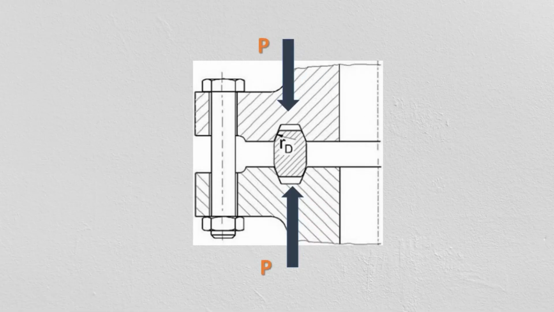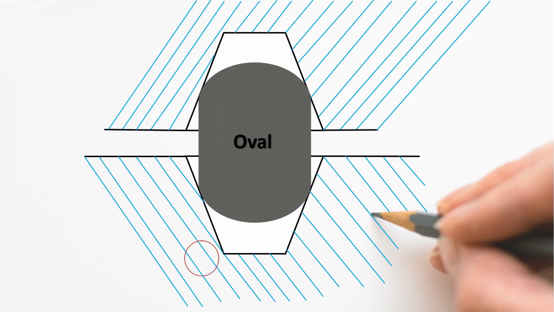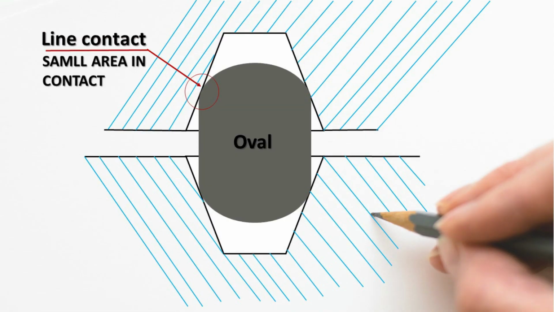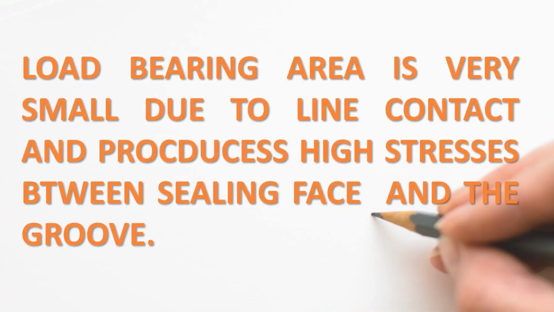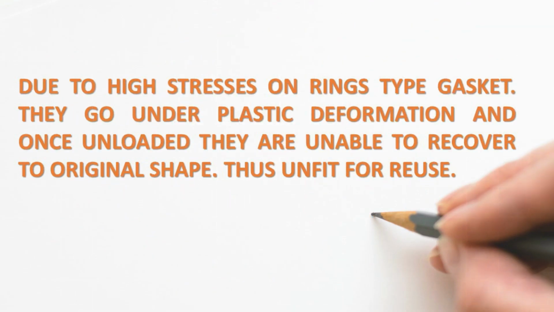The working of ring joint gaskets can be explained by the axial compressive load causing them to deform and fill the flange groove irregularities. As the load-bearing area of ring joint gaskets is very small, it produces high surface stresses between the sealing face and the groove, making them poor in recovery characteristics and unfit for reuse.